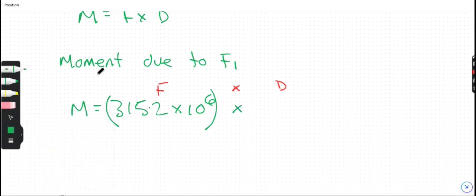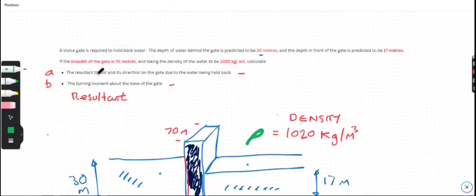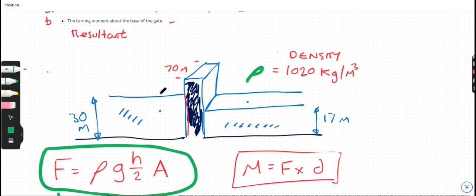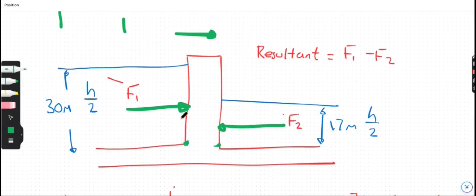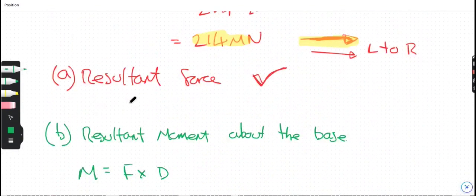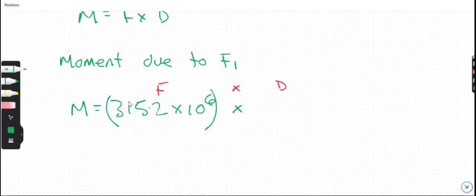And the question's asking us to do it about the base, the turning moment about the base of the gate. So there's the base of the gate there. And we've put our force halfway. So this force here is 15 meters from the base, from there to there, because you put it halfway, make it easy for ourselves. So I'm going to do times by 15.